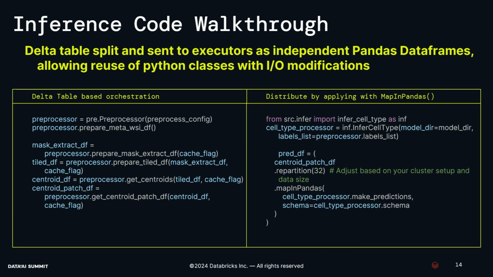Okay, now let's talk in a little more detail about a typical inference run. What we start out with is a preprocessor object, and that preprocessor object will create a meta WSI DF. This meta WSI DF makes it all the way through, and it keeps track of what we're going to train, where the annotations are, and what we're doing inference on.